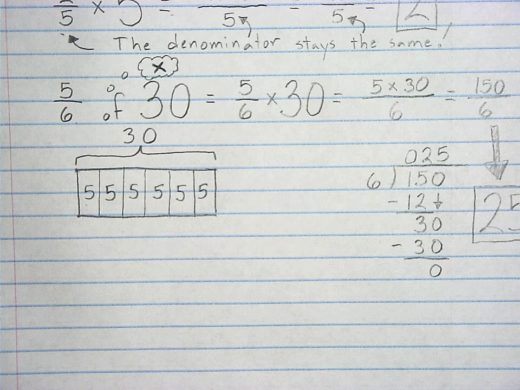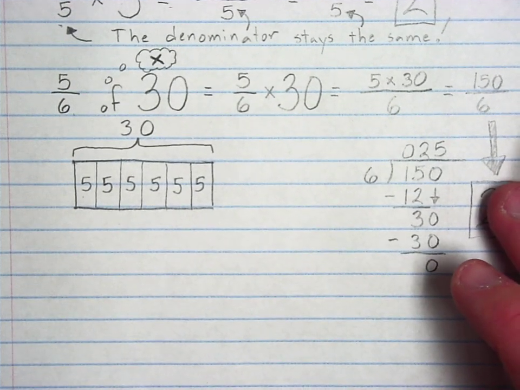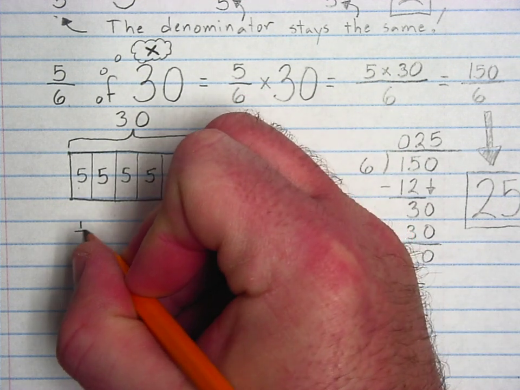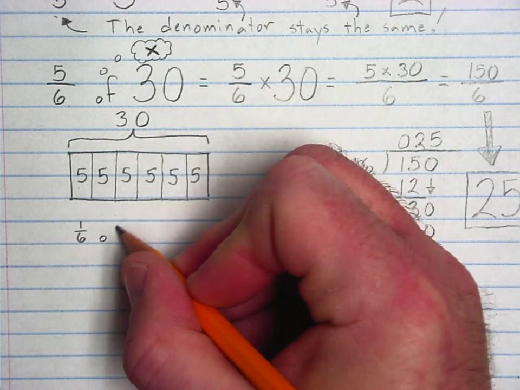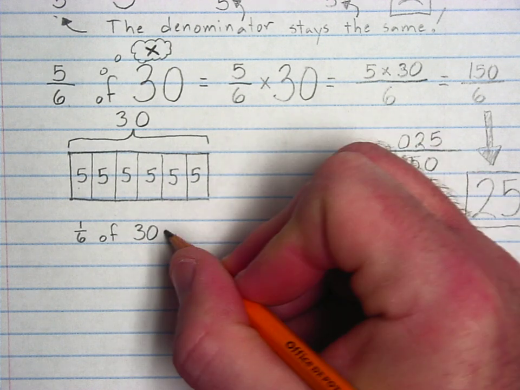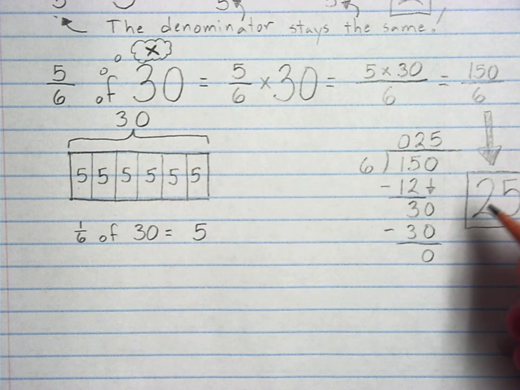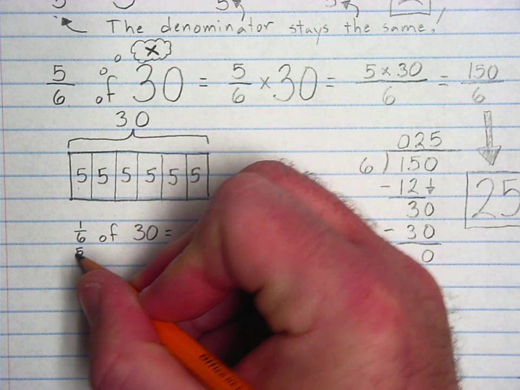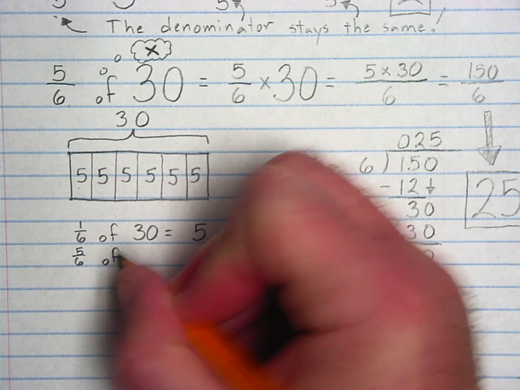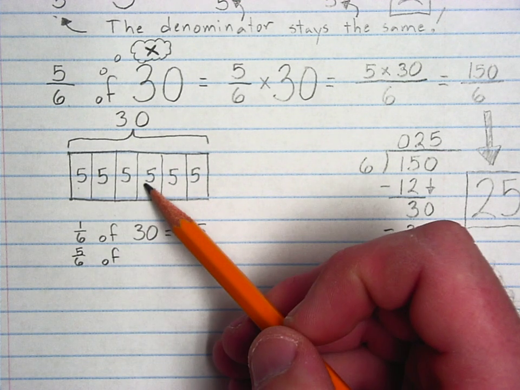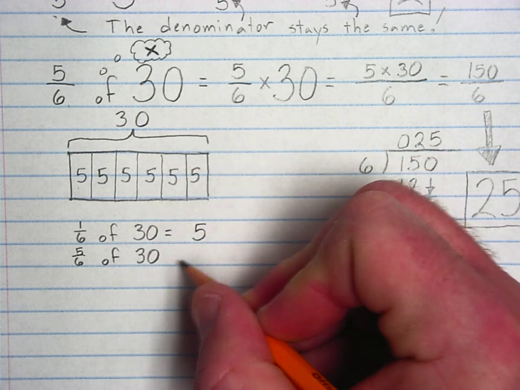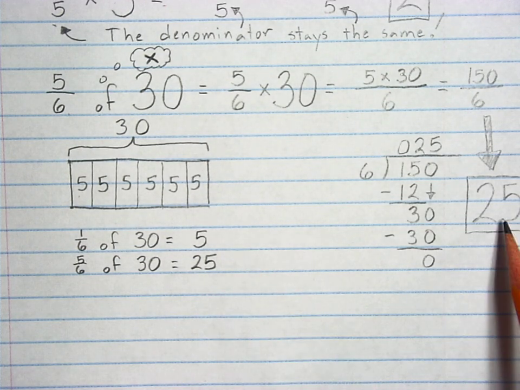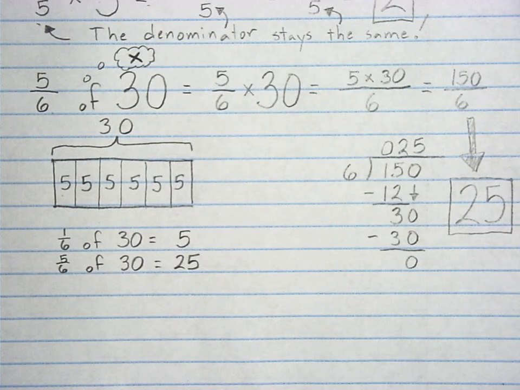Come on, Mr. Long. Really? We can do that? Okay. Let's try that again. If you look at a single 1/6 of 30 is equal to 5, well, 1, 2, 3, 4, 5 of them, 5/6 will be 5, 10, 15, 20, 25. Same answer, just a slightly different strategy.